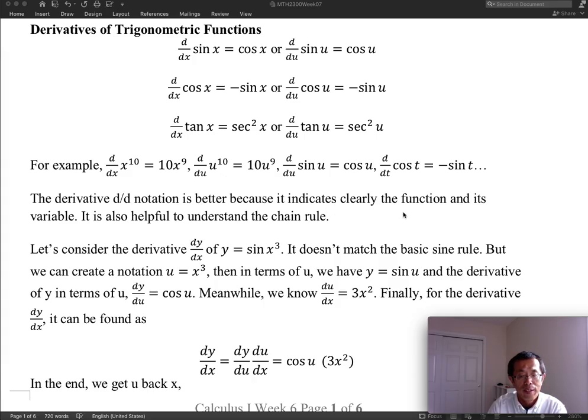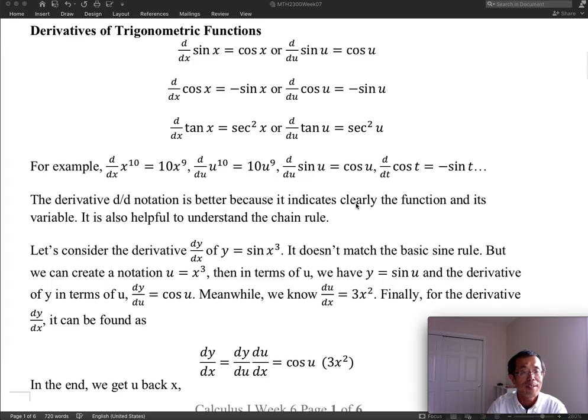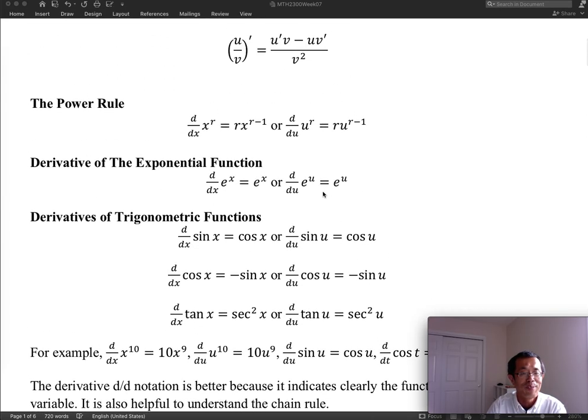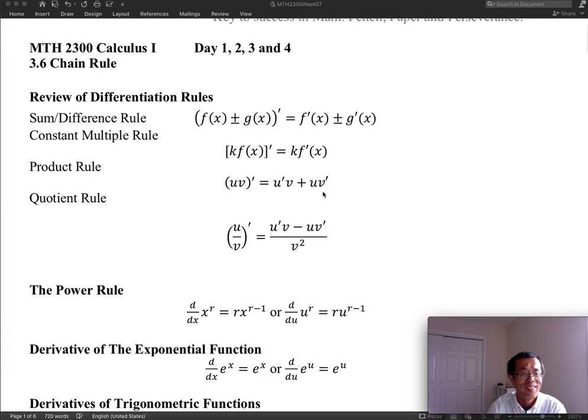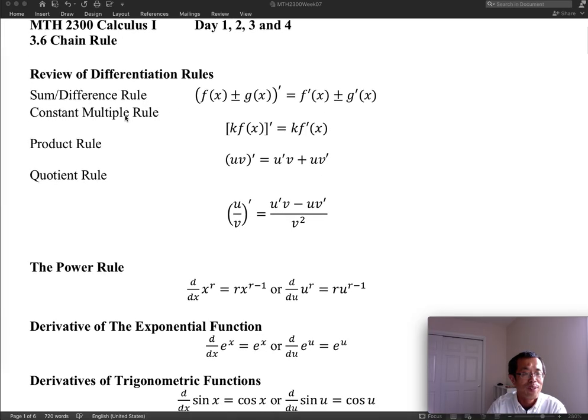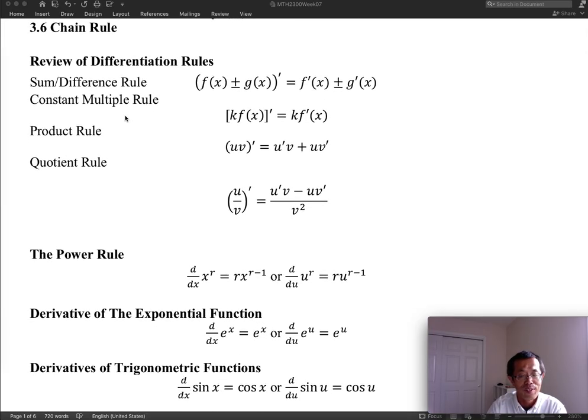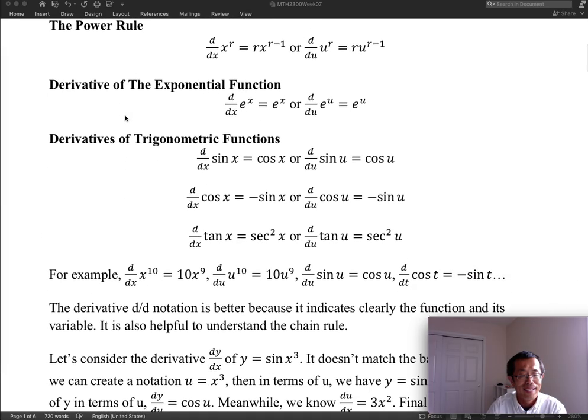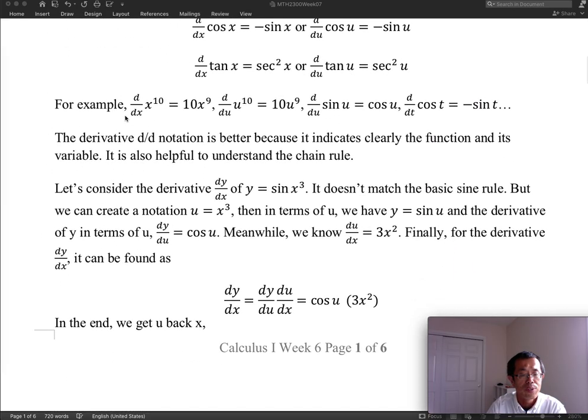And also, remember this section we are talking about the chain rule. We haven't got the chain rule started. So if you insist on using the d/d notation, it will help you understand how the chain rule works. Okay, let's take a quick look at my first example.